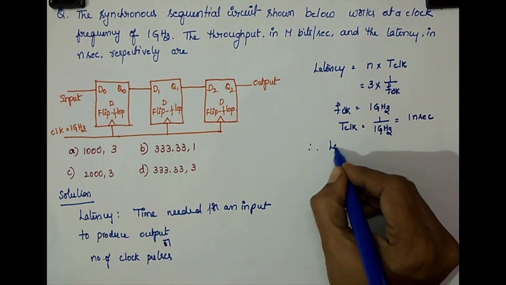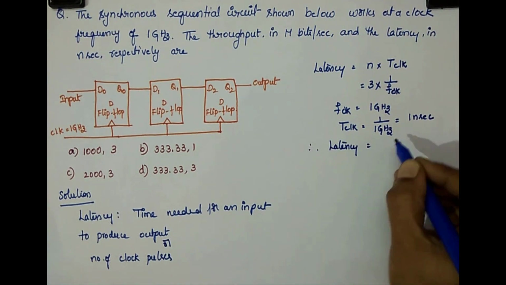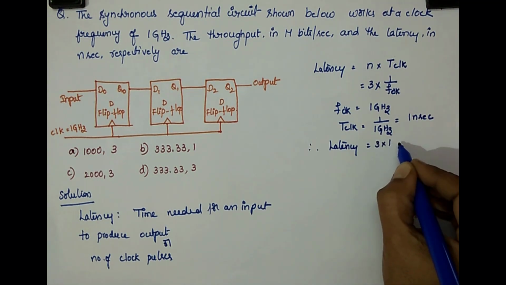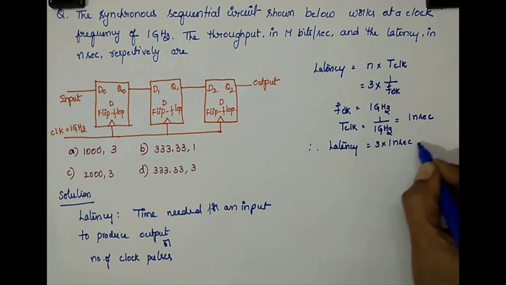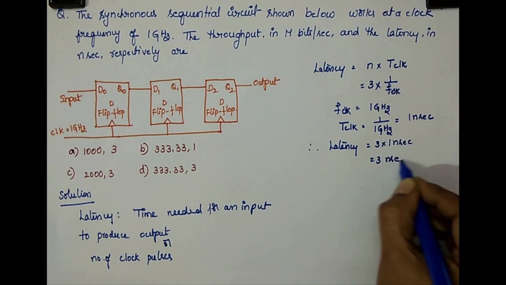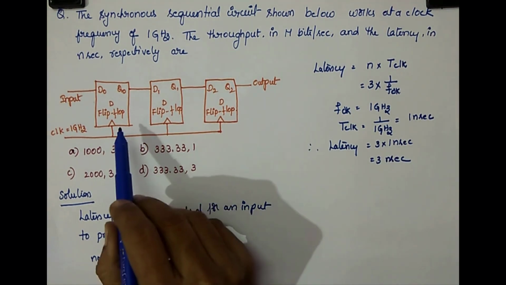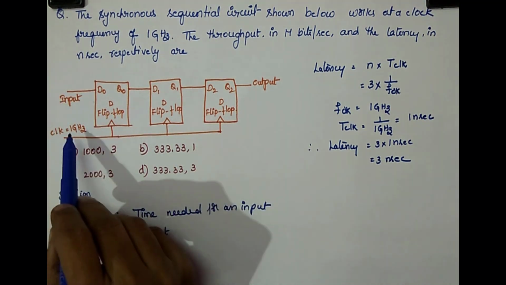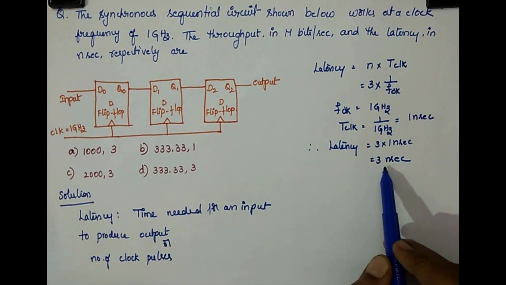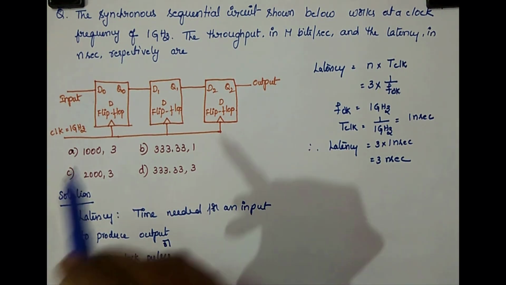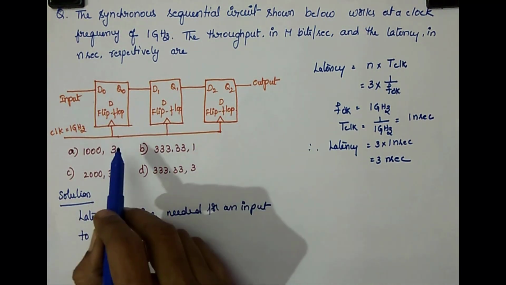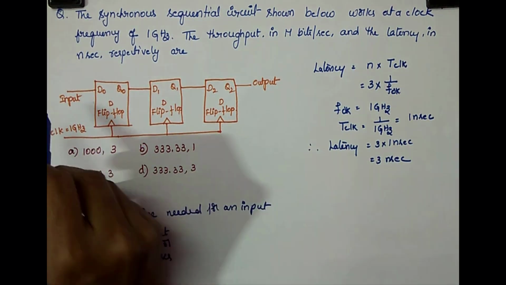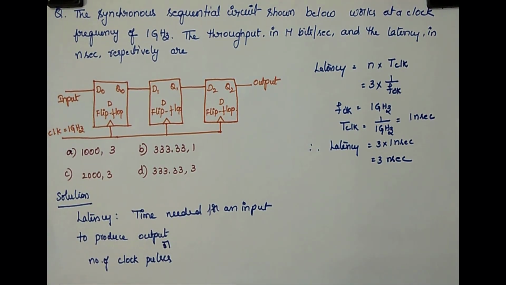Therefore, latency is 3 into 1 nanosecond, which is 3 nanoseconds. The duration of the number of clock pulses required to get the output after giving the input is nothing but latency, that is our 3 nanoseconds. Or in other words, this sequential circuit takes 3 nanoseconds of time to produce output after giving input. So this is latency.